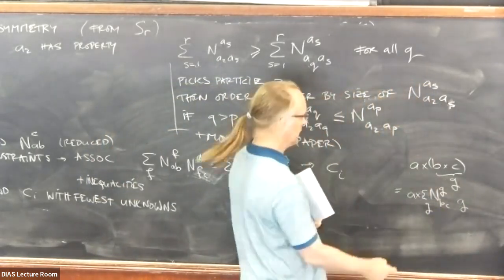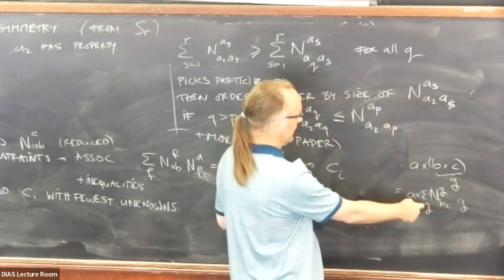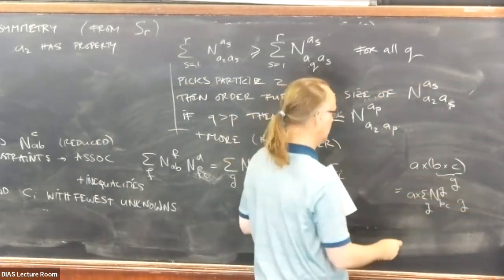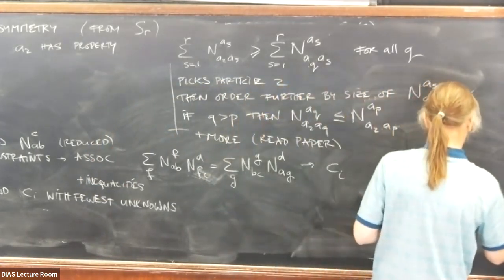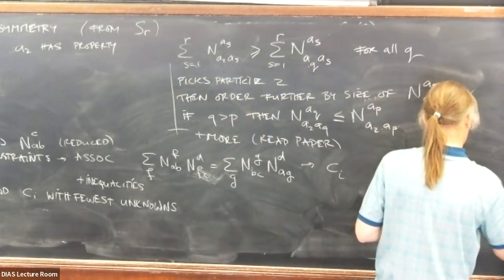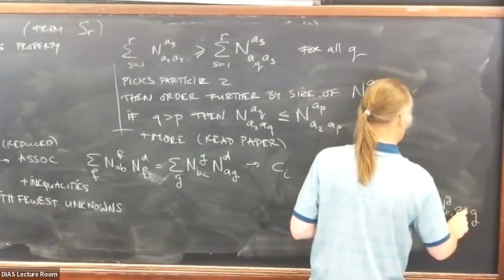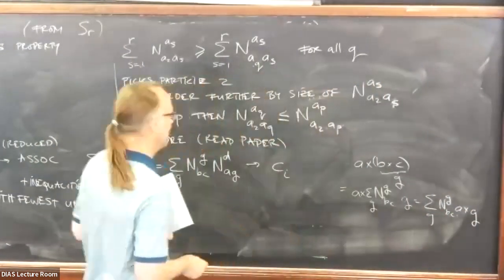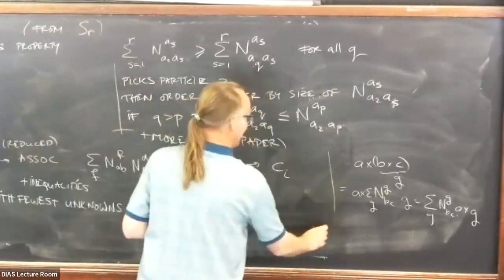Okay, then we take the sum outside, and then I get A times G. Yeah, sorry. Yeah. Right. Okay.